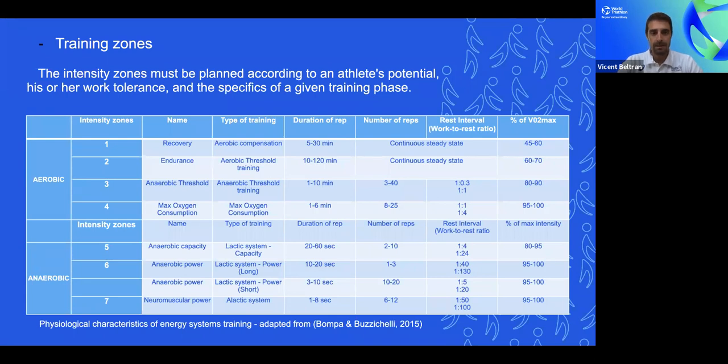But if we have a look at the first column on the left, we have the two main energy systems, the aerobic and the anaerobic. So we split them in two, so it makes more sense for you. Although in the aerobic, zone 3 says anaerobic threshold, please bear in mind that it's only terminology, but it's more aerobic than anaerobic.